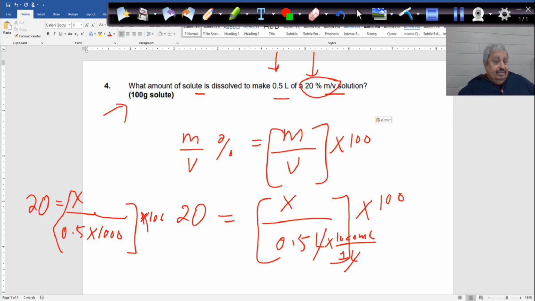Solve for x. Cross multiply 20 multiplied by 0.5 thousand equal to x times 100.